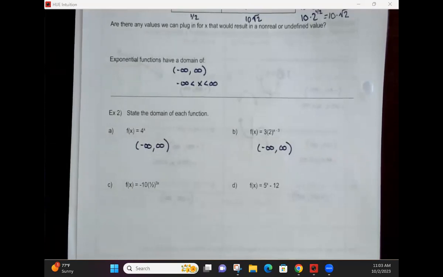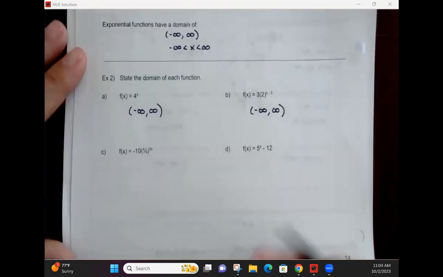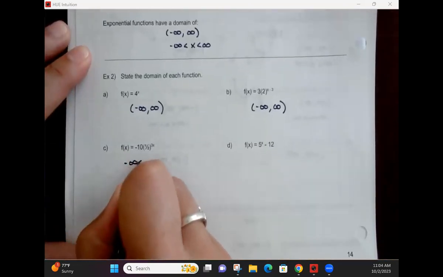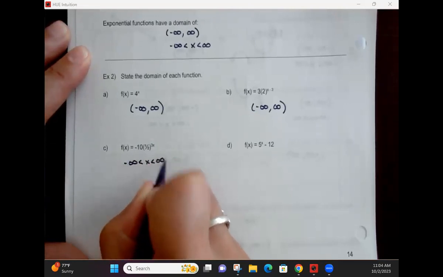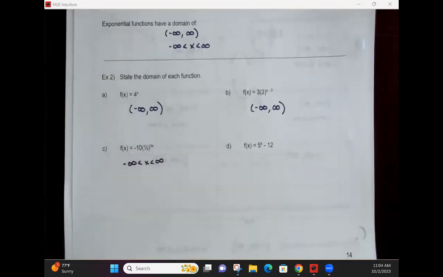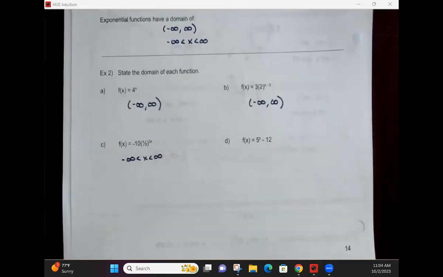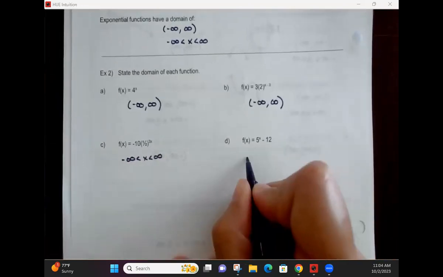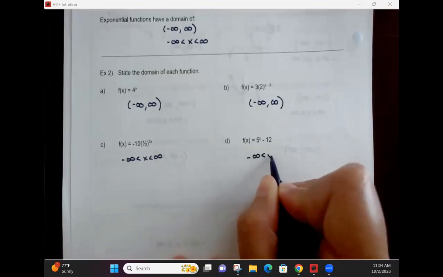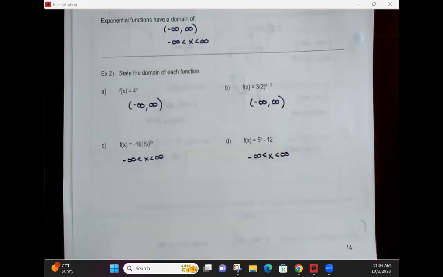For C, this time the base for our exponent is a half. That's okay. Our domain is still all real numbers, negative infinity to positive infinity. For D, we're subtracting something at the end. That's okay. Our domain values that it is okay to use for x, still all real numbers.